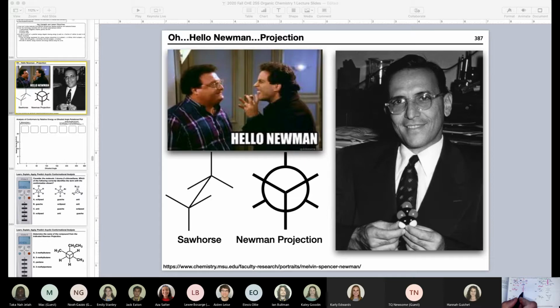So Lexi and Mac are both saying different groups. So maybe we can get some consensus about which group is the most appropriate. So again, this is the front carbon. I'm circling that in blue. Circled it in blue. That's that front carbon.